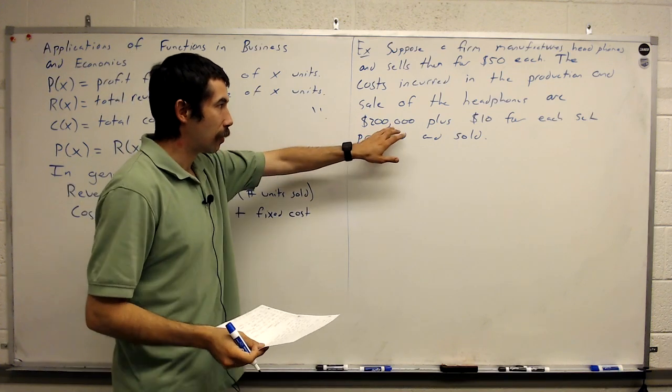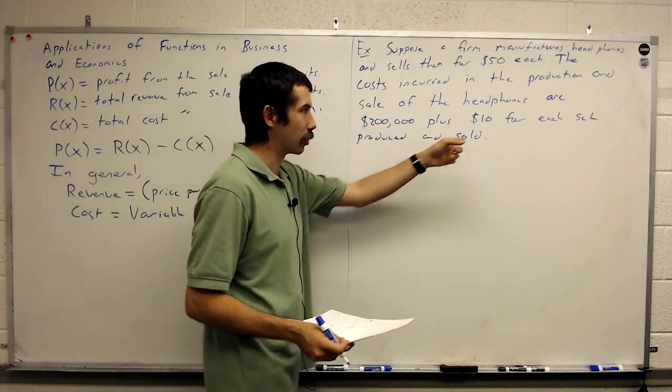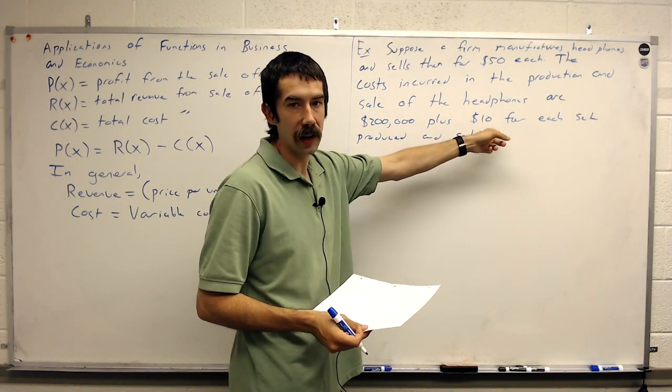Okay, so they had to basically build the manufacturing plant, but the cost of materials and labor is $10 per set.